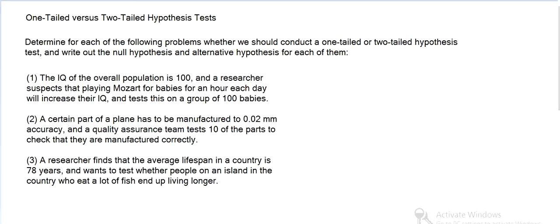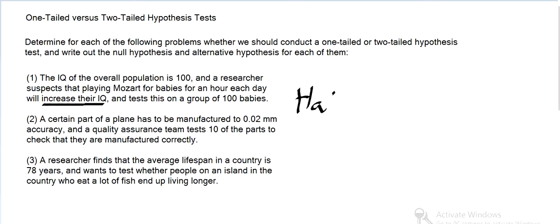First, if we're told the IQ of an overall population is 100, and we're testing whether playing Mozart for babies actually increases their IQ. Our base claim is that it's the same, or that there's no difference. But we're testing whether it actually increases their IQ, so that tells us what we're testing for is the alternate hypothesis.